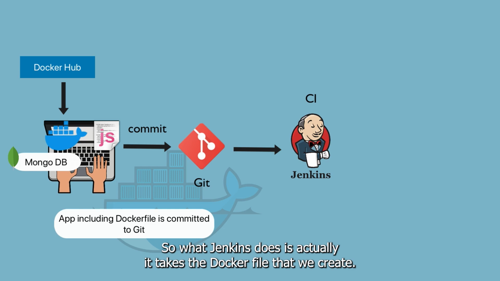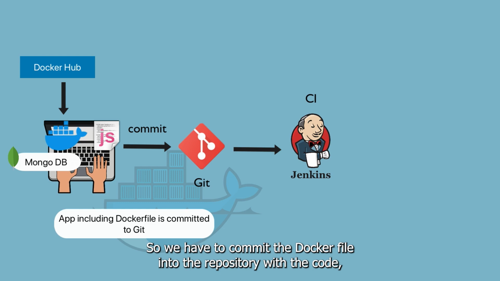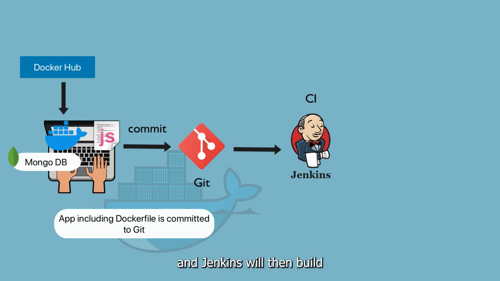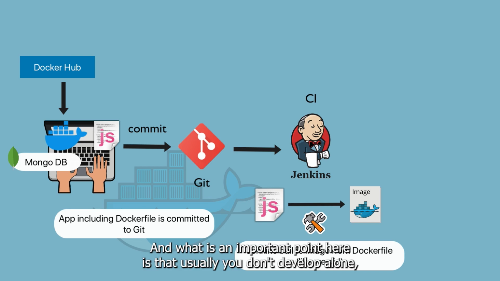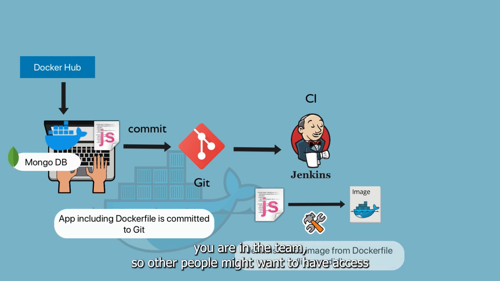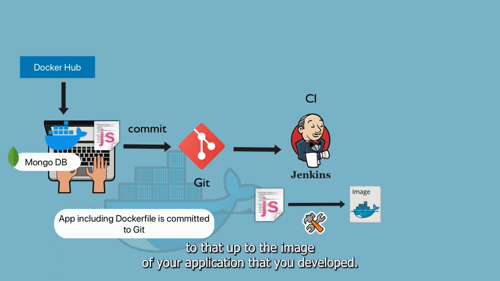What Jenkins does is it takes the Dockerfile that we create, so we have to commit the Dockerfile into the repository with the code, and Jenkins will then build a Docker image based on the Dockerfile. An important point here is that usually you don't develop alone, you are in a team. So other people might want to have access to that up-to-date image of your application that you developed.